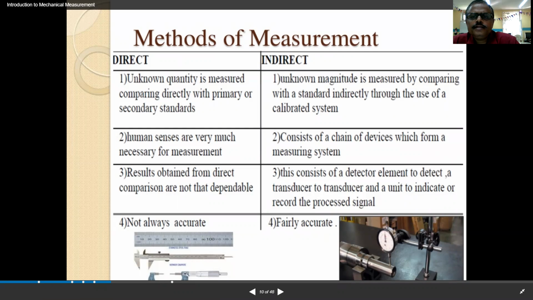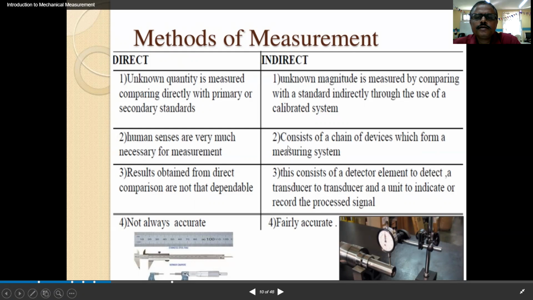Indirect comparison: the unknown magnitude is compared with a standard indirectly through the use of a calibrated system. For direct comparison, human senses are very much necessary for measurement.